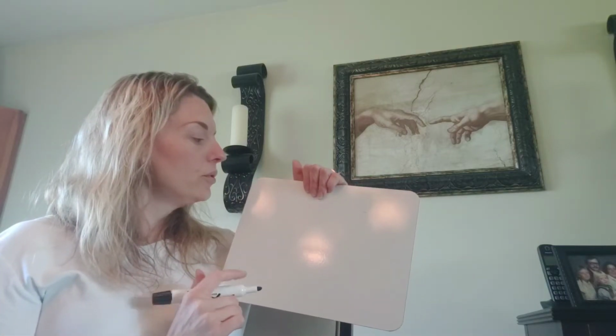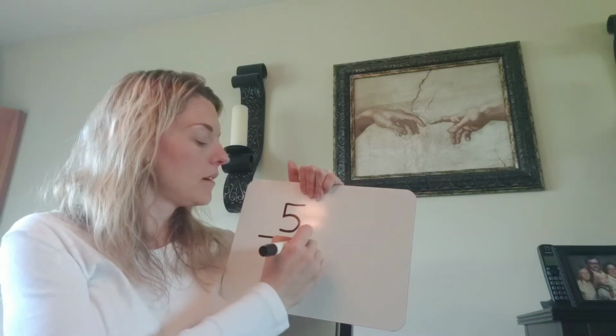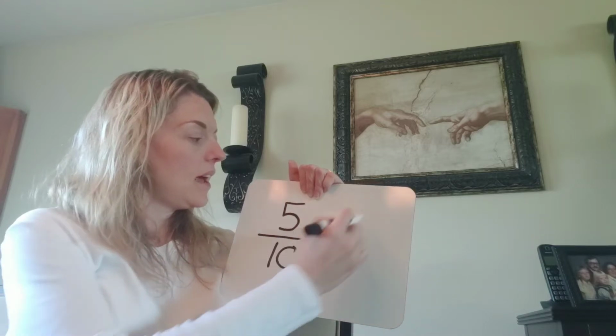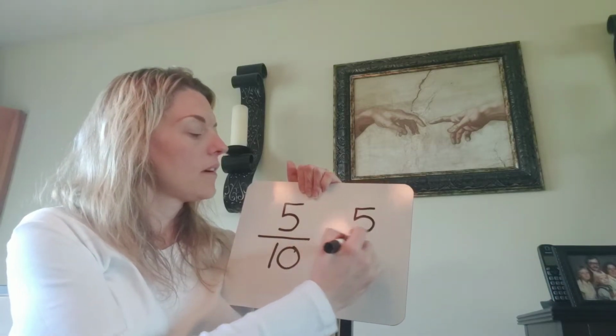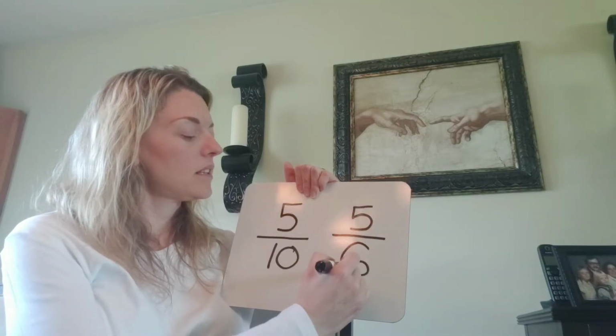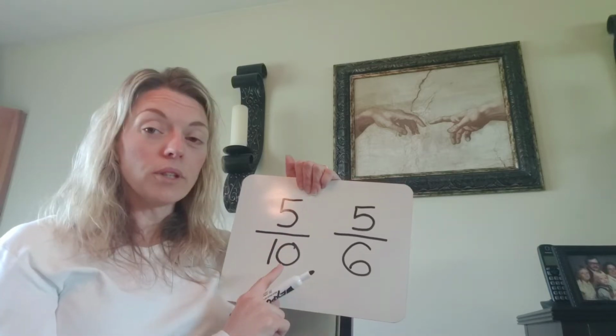Ready? One more. Different denominators, the same numerator. Let's do 5 tenths and 5 sixths. Ready? What's our rule?